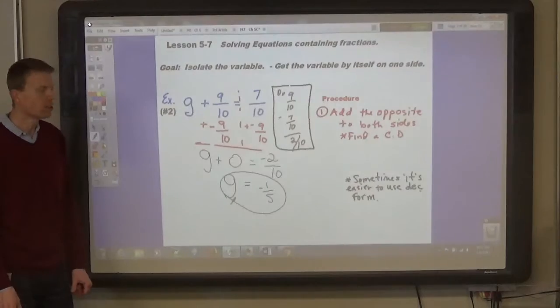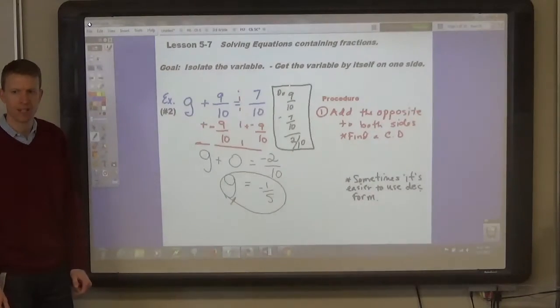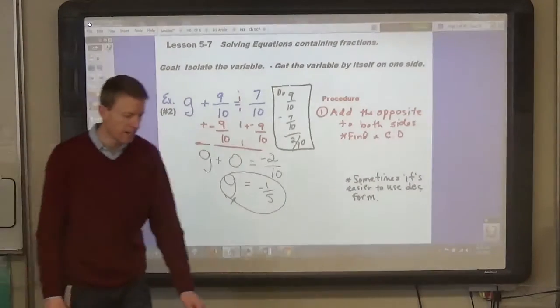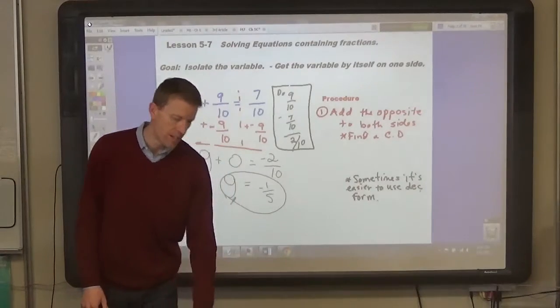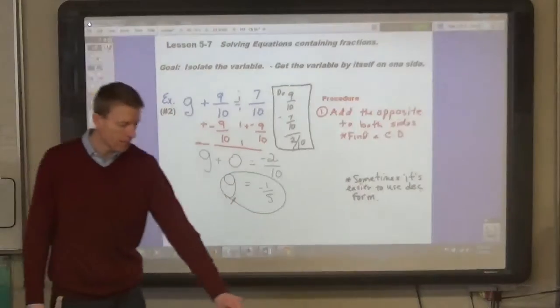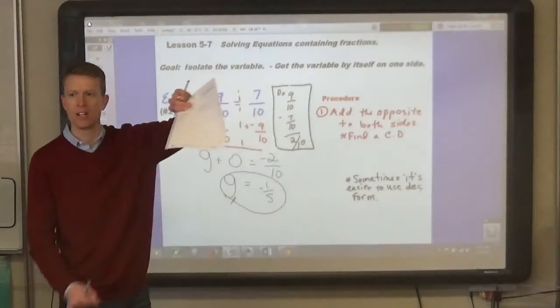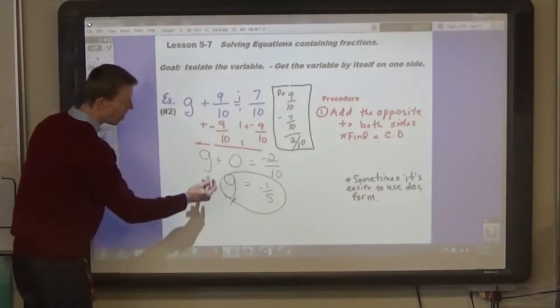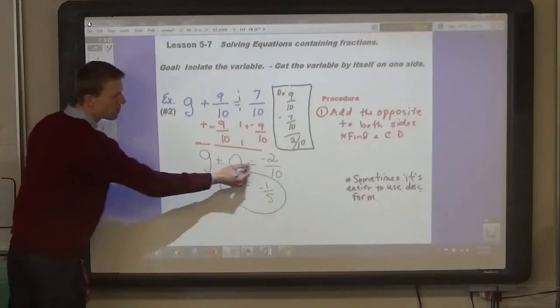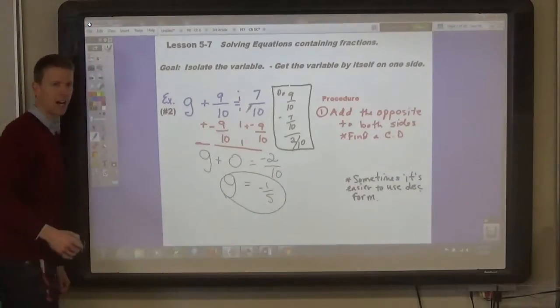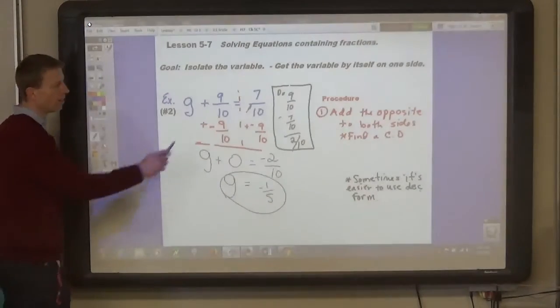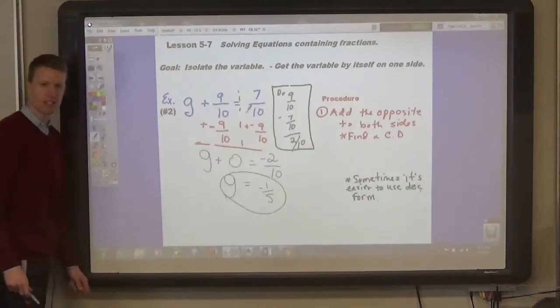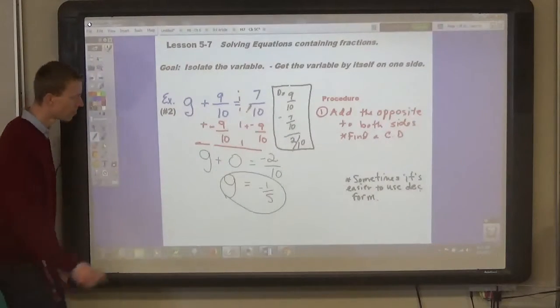Now, we also have to check it. And that's what you're going to put on the line when you do this. So you're going to solve these equations, and then you're going to put the check on the line. With this one, we'd have to use negative 2/10 because that's a common multiple. The denominators all have to be the same, right?